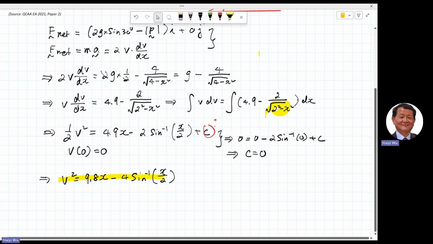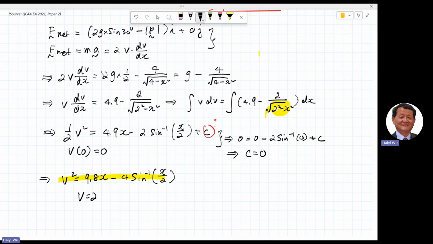The question says when v equals 2, what is x? So we substitute into the formula: 4 equals 9.8x minus 4 inverse sine of x over 2. We don't know x, so we're going to use a graphics calculator.